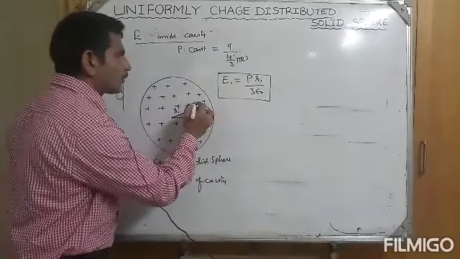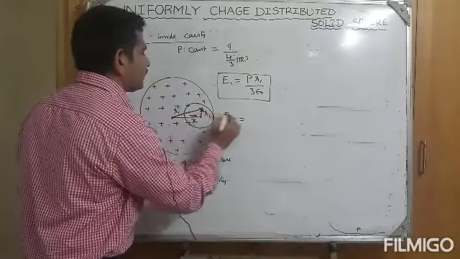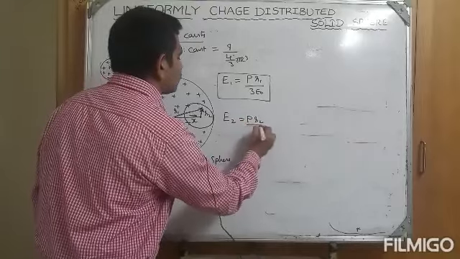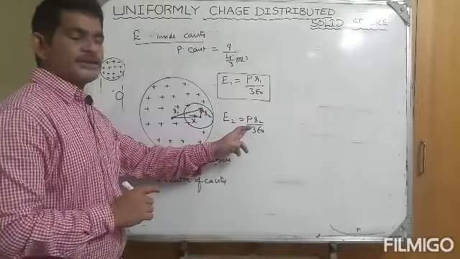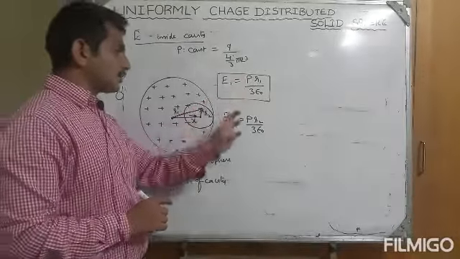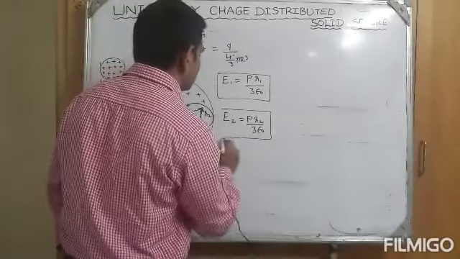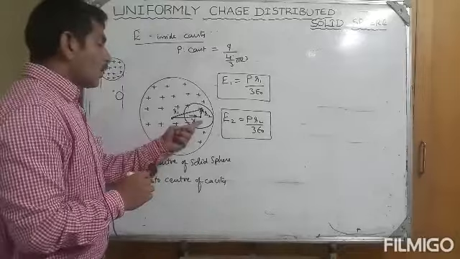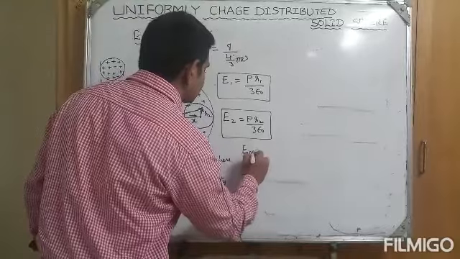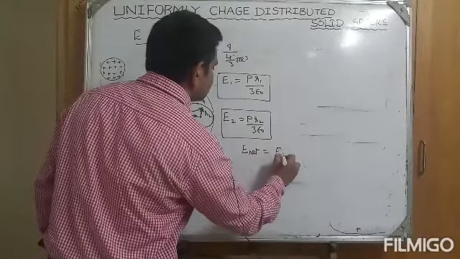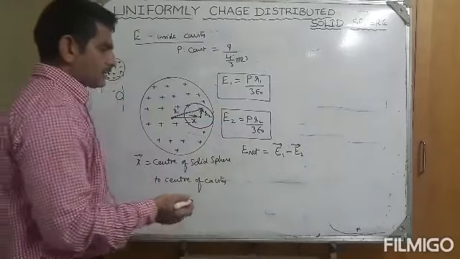The removed part you have to consider as another object, from here to here, rho R2 by 3 epsilon naught. You may ask the question, sir, is there any change? Yes, if it is a uniformly charged distributed body, rho is the same. But actually these are not two individual objects. One object is removed from the other object. Therefore, E net is equal to E1 vector minus E2 vector.